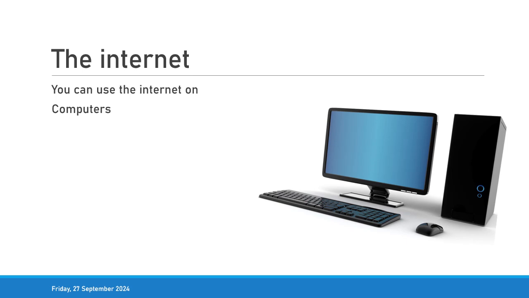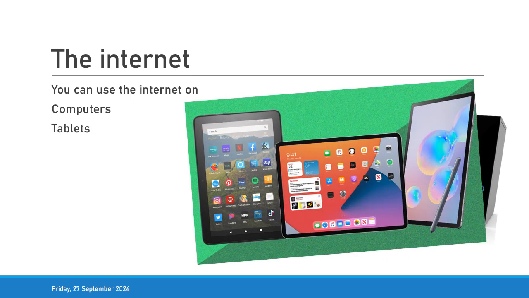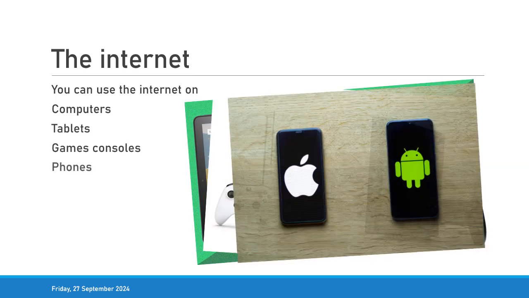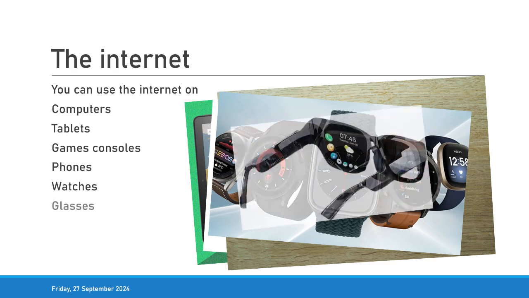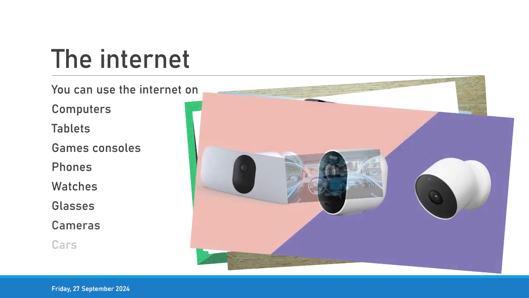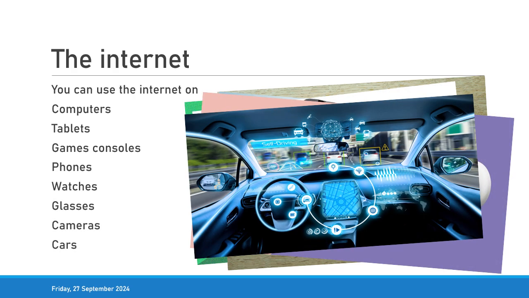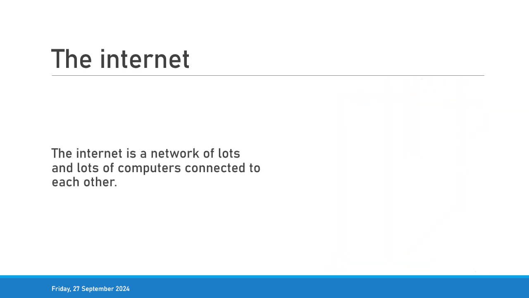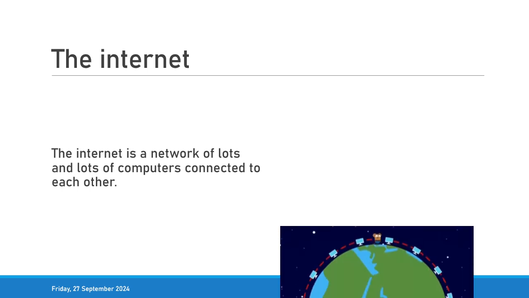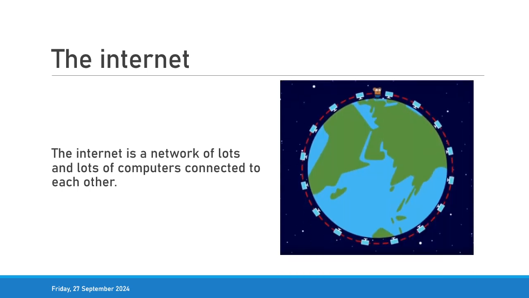Obviously we can use the internet on our computers, but also on our tablets, games consoles, phones, watches, glasses, cameras, even in our cars. But the internet really is just a whole bunch of networks of computers connected together across the globe. But what are they actually connected by?